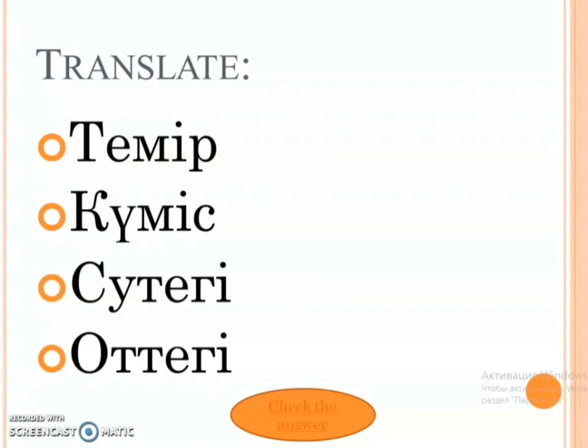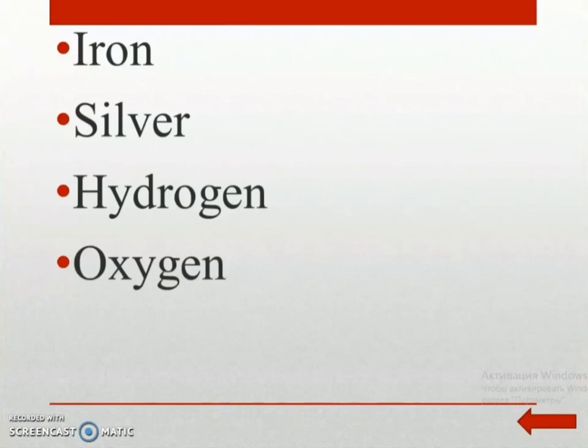In English, they are iron, silver, hydrogen, oxygen. Iron, темір, silver, күміс, hydrogen, сутегі, oxygen, оттегі.